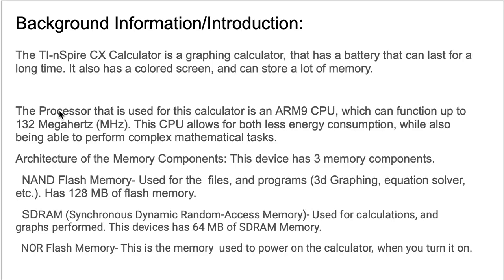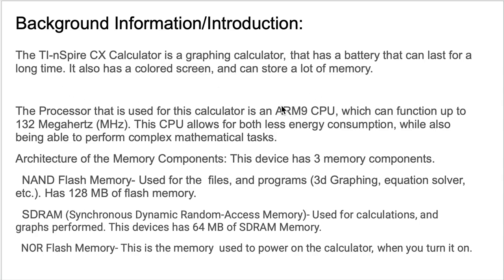Now I'll discuss some of the technical information about this calculator. First off, I'll start by discussing the processor that is used in this device. The processor for this calculator is an ARM9 CPU. CPU stands for Central Processing Unit.